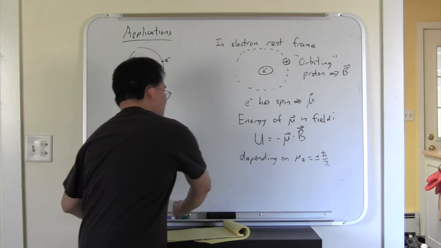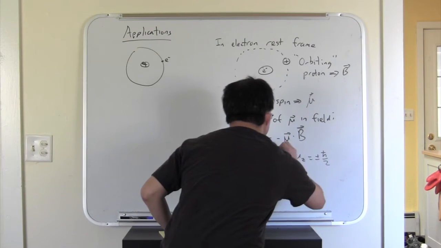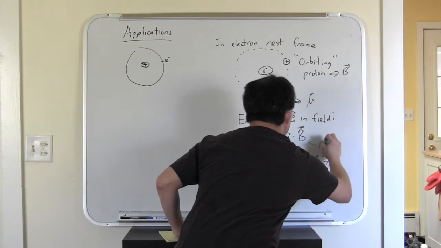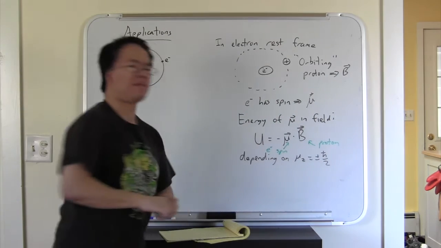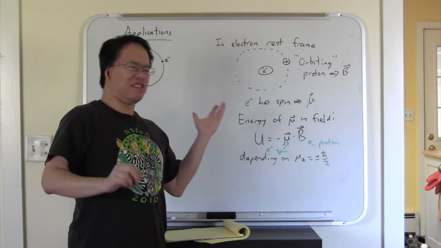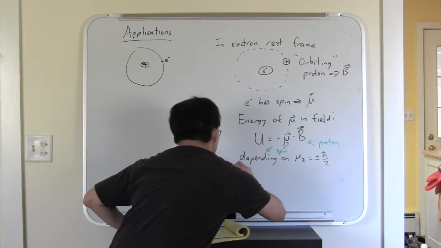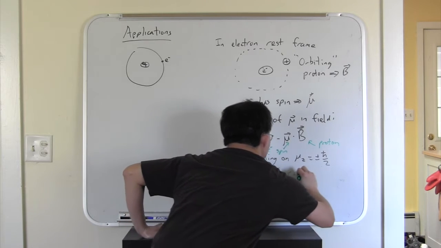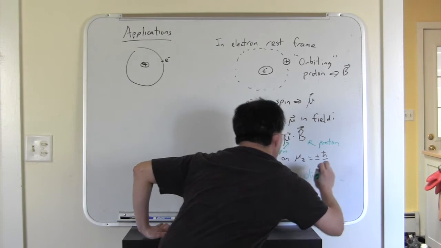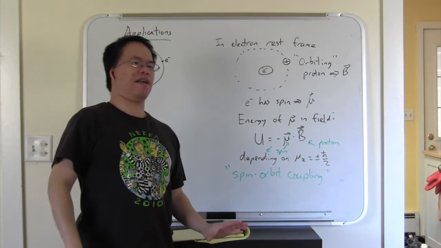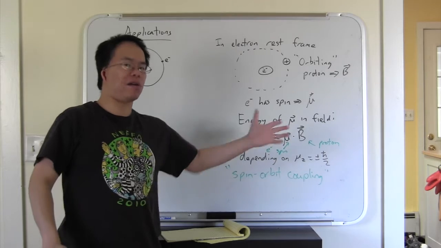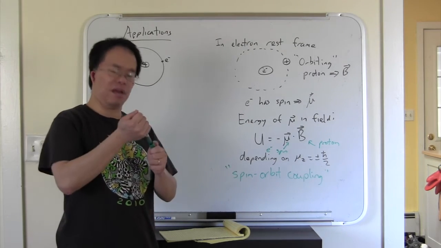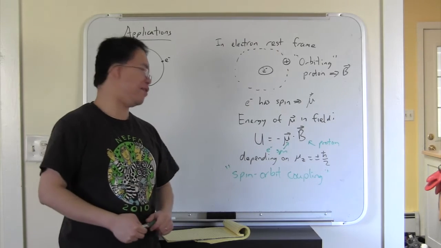So let me highlight this. This is from spin, and this is from my proton. This is what's formally called spin-orbit coupling. If you take an advanced quantum mechanics course, you may learn how to calculate with this and handle this in the correct quantum mechanical formalism using something called perturbation theory.